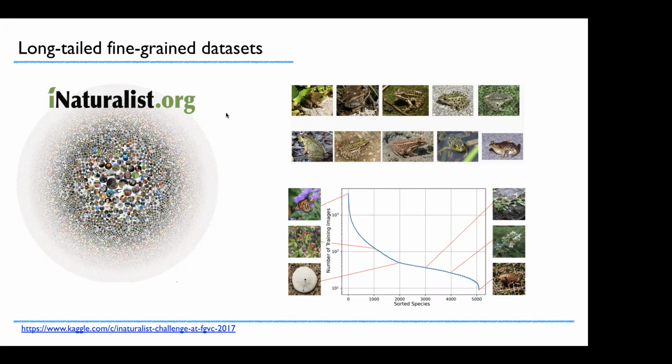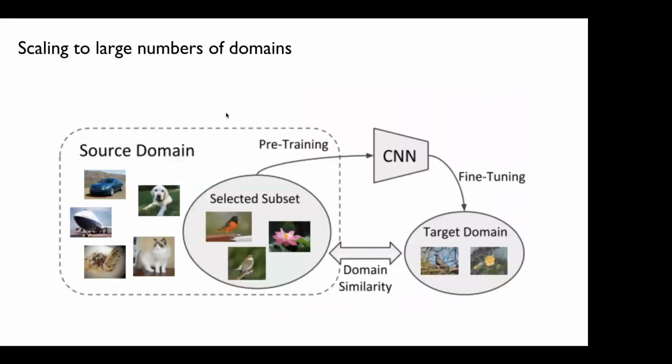It's not like a lab produced data set where you magically get equal amounts of training data for every example. This is a phenomenon that's not just seen in biodiversity, it's also in fashion and interior design and coin collecting. All sorts of domains have this phenomenon. So we need to train models that are capable of handling the long tail.